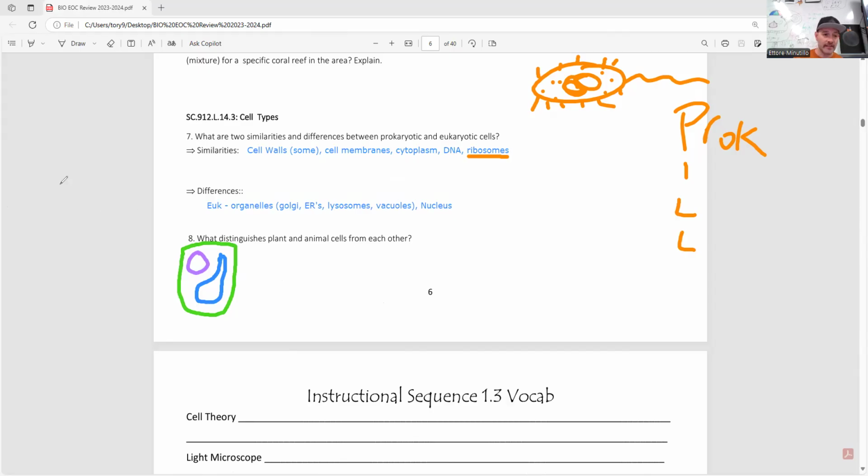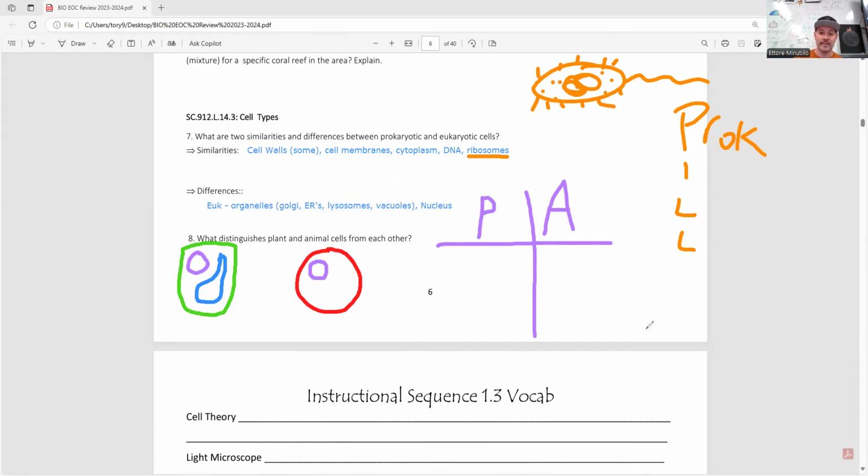Animal cells look a little bit more like a circle. Still going to have a nucleus on the inside because it's eukaryotic. So we've got our container for our DNA. And then we'd have our various other organelles on the inside. So we're going to make a little T-chart here for plant stuff and animal stuff, and see if we can get some of these differences.